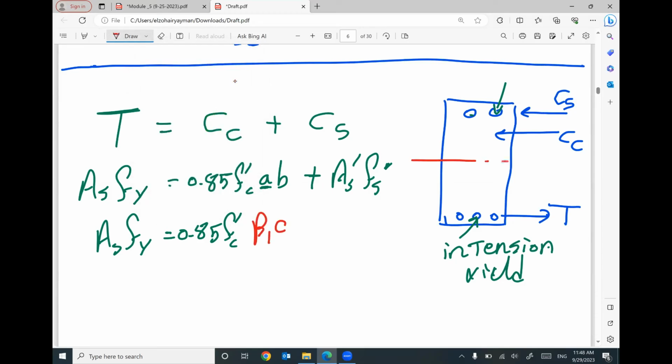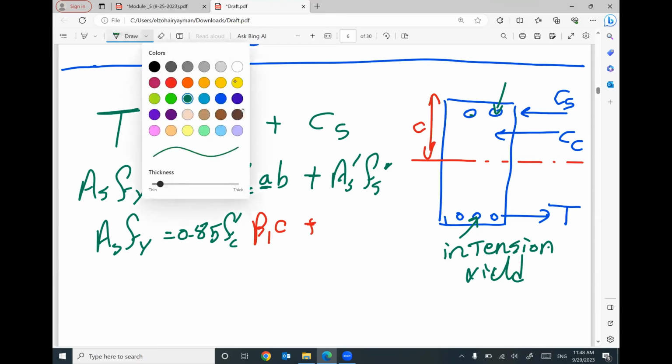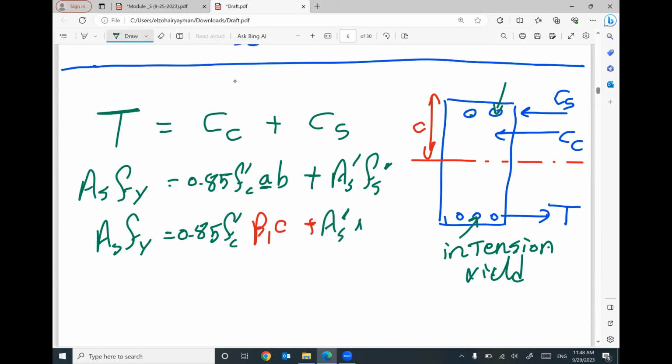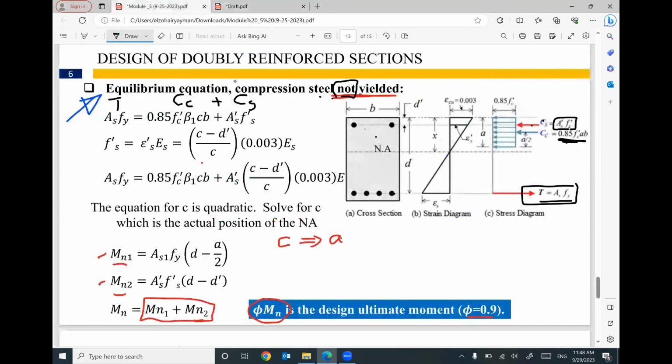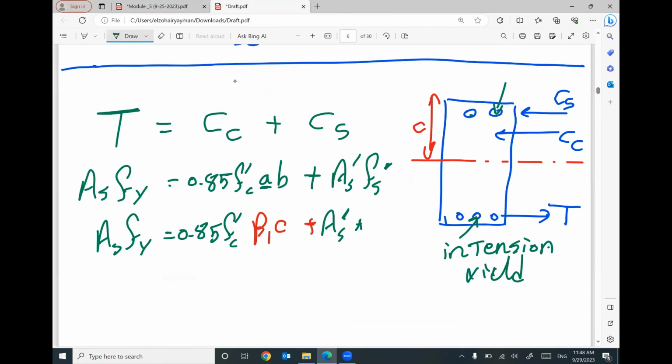This A, I can remove it and put beta 1 C. We have a neutral axis. This neutral axis has distance C. If you multiply beta 1 times C, you can get A. So I remove the A and put beta 1 C. Plus area of steel prime times Fs prime. I have an expression here for Fs prime from triangle similarity, equal to C minus D prime divided by C times 0.003 E steel. I'm sorry, C minus D prime.